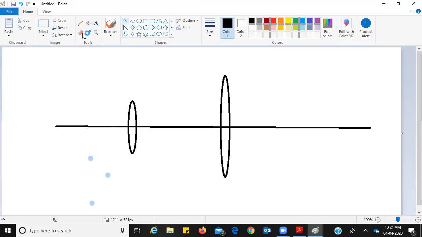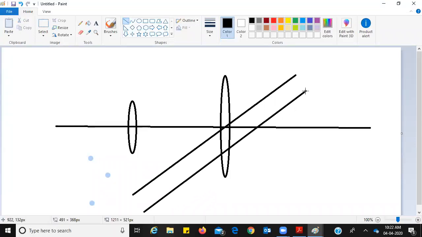So here you told me the light rays go parallel, right? So I'm just not keeping any image. It won't be formed. So I can just draw one light ray passing through C2. Now the second light ray is parallel to the first again. So I take another point and draw parallel. It's fine.